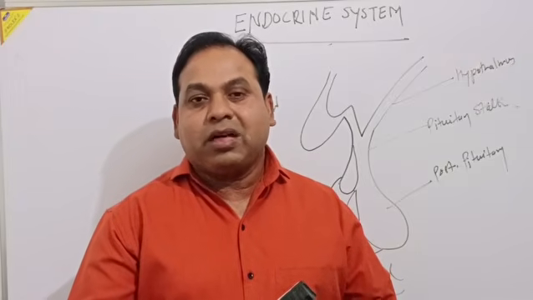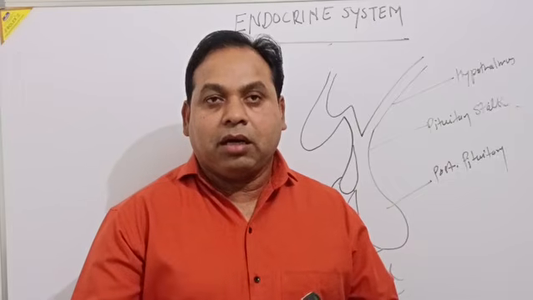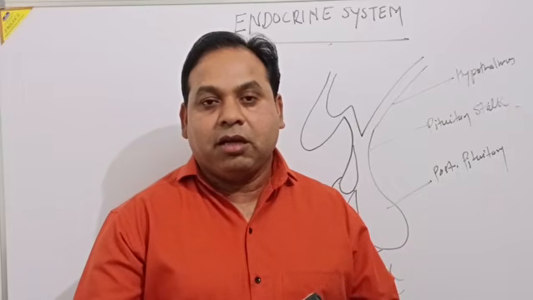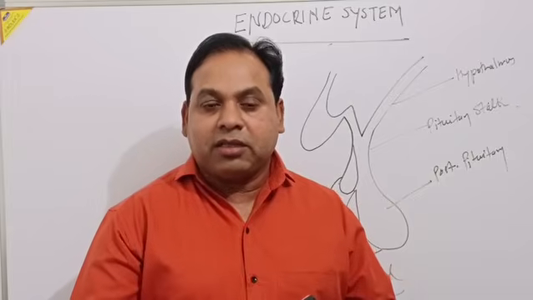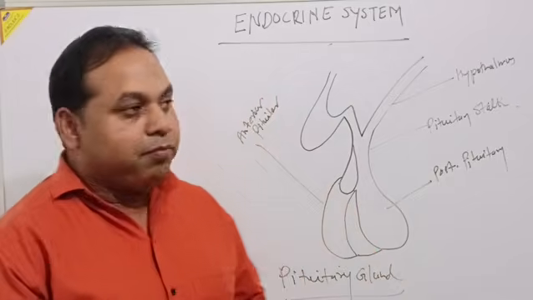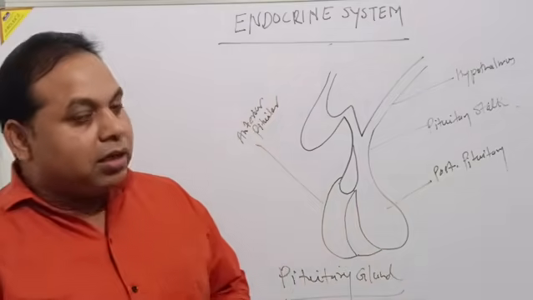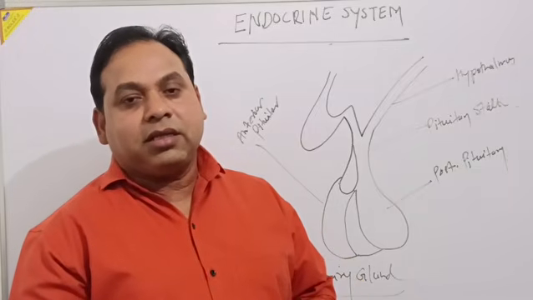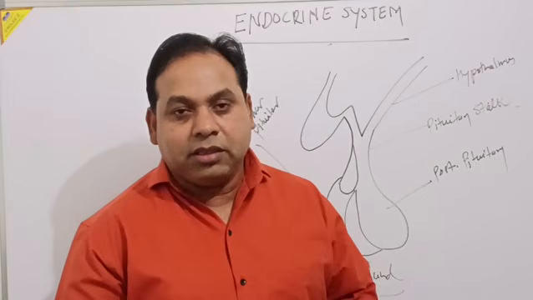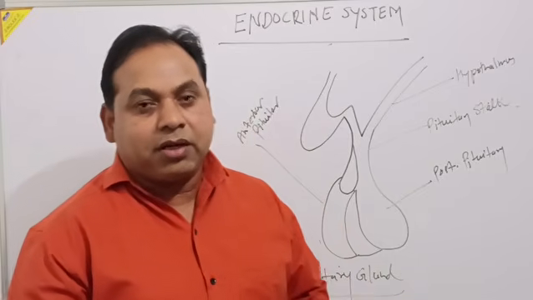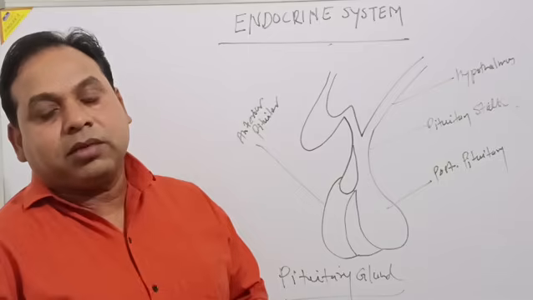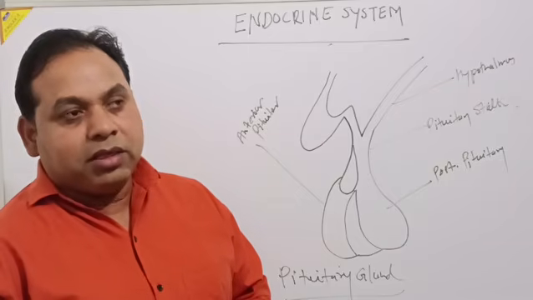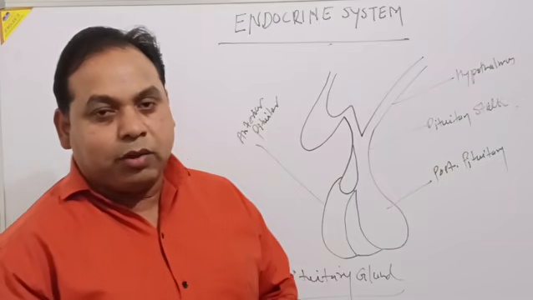In the endocrine system, the hormones or chemicals made by the glands are directly secreted into the bloodstream. But in the exocrine system, the secretion is first made inside the gland, then comes into the duct, and then comes out from the duct. So there is a difference between exocrine and endocrine.